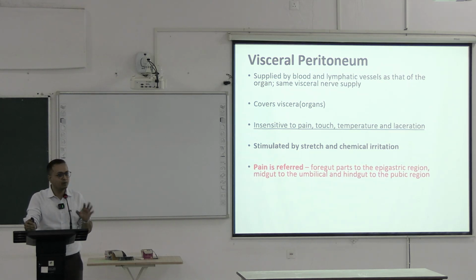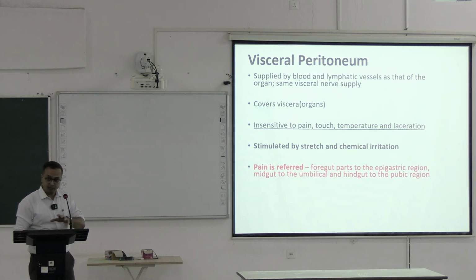Is it paining? No, it is not paining, but I am feeling something. Understand the difference between insensitivity to pain and no sensitivity. Asensory means no sensation as well, but this is insensitive to pain. That means the pain feeling is not there.